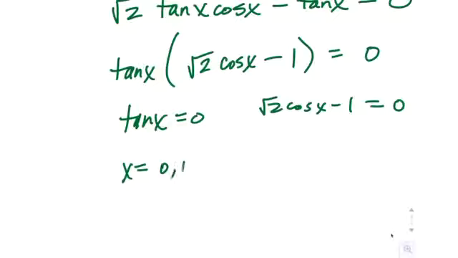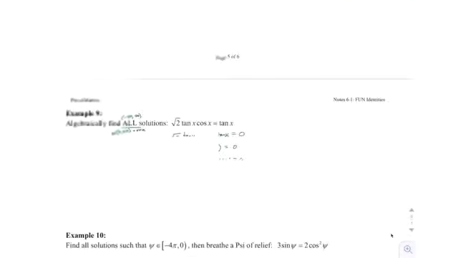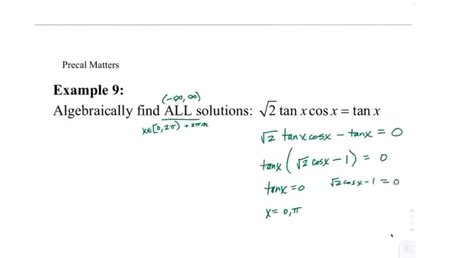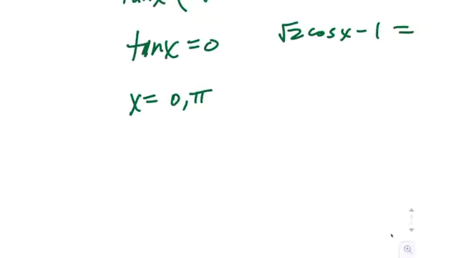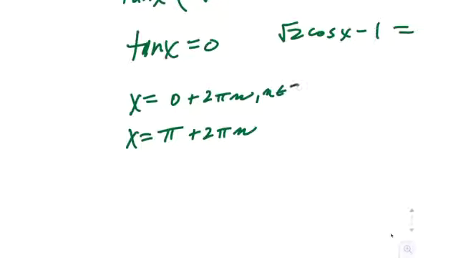So 0, pi, and yeah, very good. We don't need to go to 2 pi because it's coterminal with 0. So we'll say plus 2 pi n, plus 2 pi n, where n is an integer.